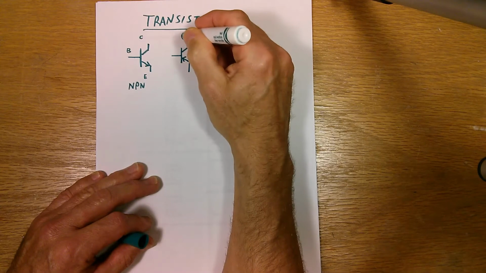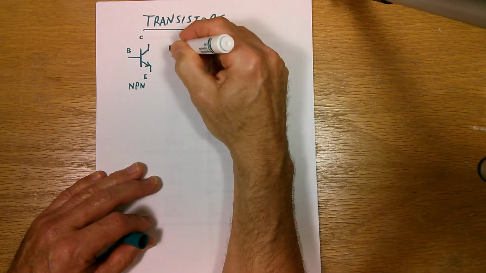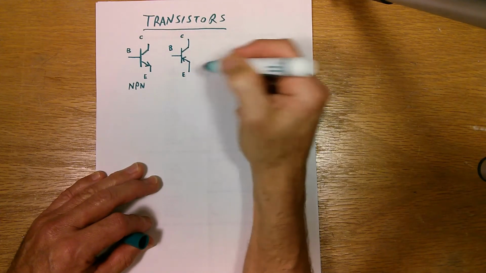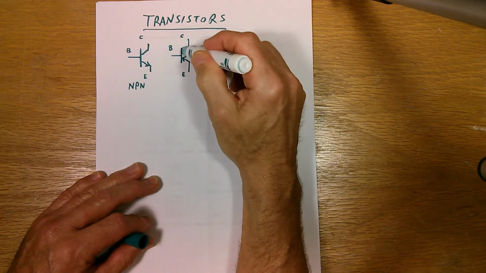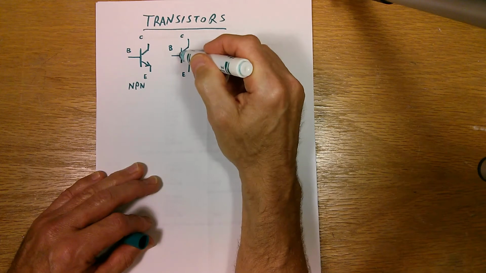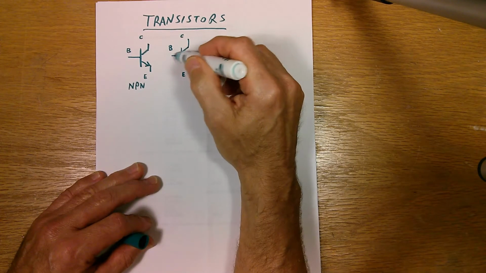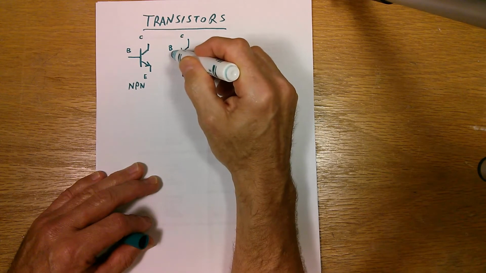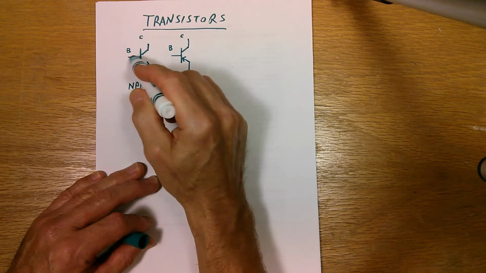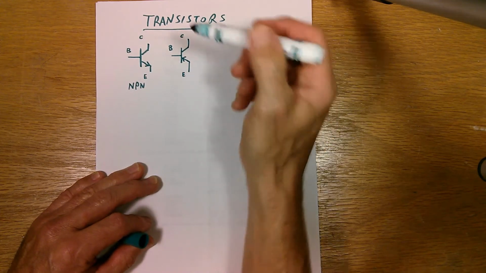But the leads are still called the same: collector, base, and emitter. But in this case, the current can only flow this direction. And when you want to control the current flowing through this, you draw current out of the base. In the case of the NPN, you inject current into the base.